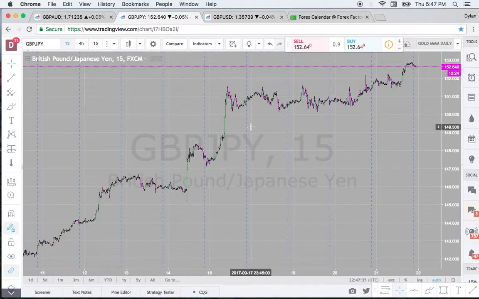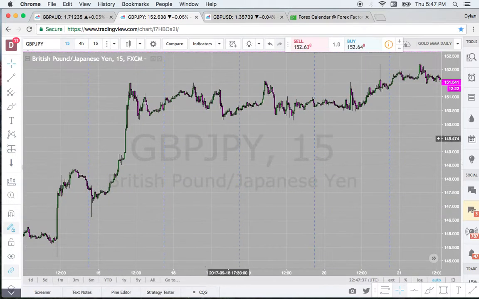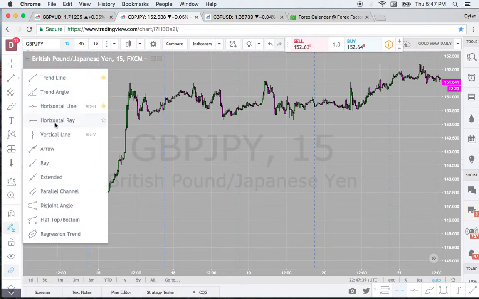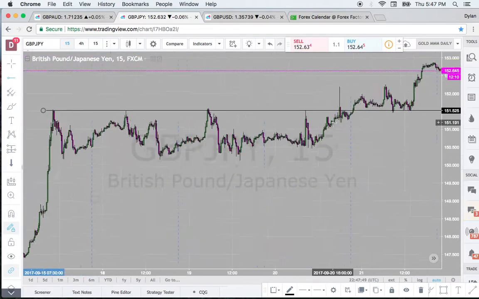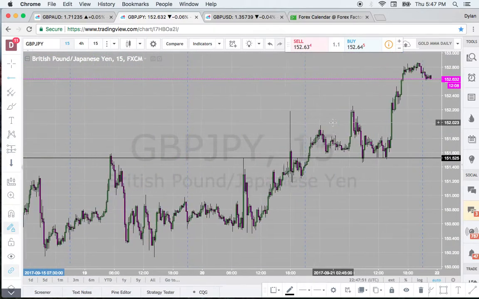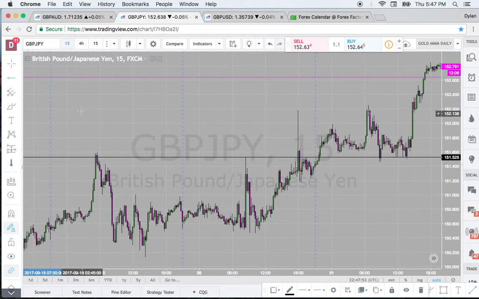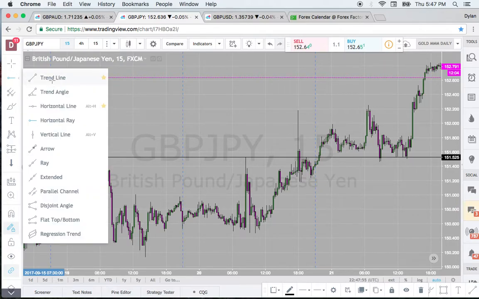Okay, GBP JPY, let's look at it. Here we have the high at 151.5. What do we see here?